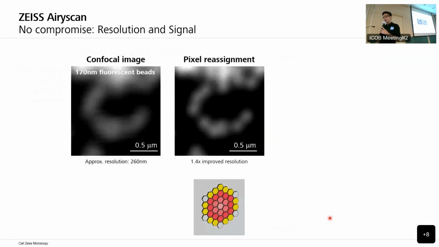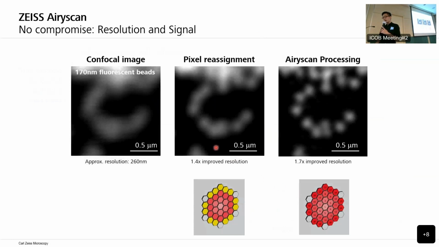Let's compare the results. Here, the image on the left is the conventional confocal image, and we can compare the images by this one. We use the Airyscan detector first to detect the signals. It's like we want to see an object with one detector, but now we use 32 detectors to document the signal from only one object.